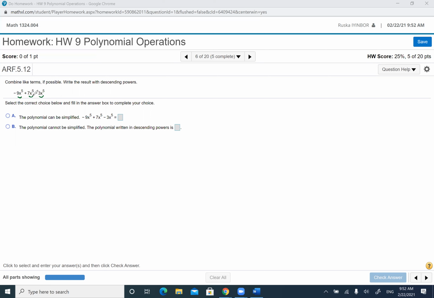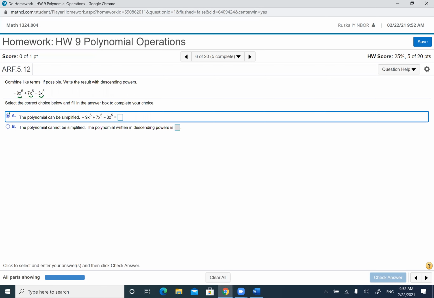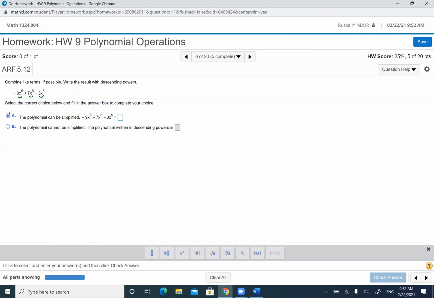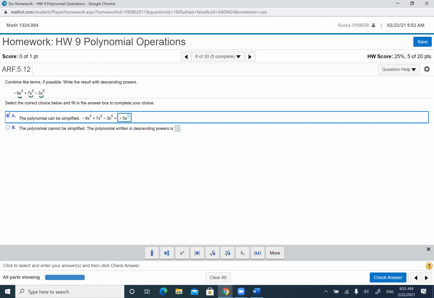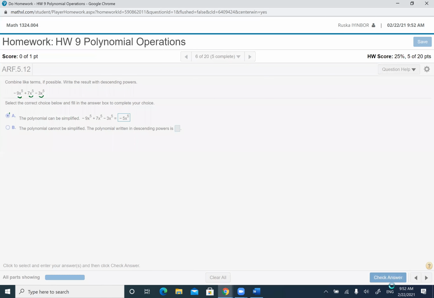That's right. So the answer is -5, and then you put x with exponent what? To the 5th power. You keep the same power. Good job with that.